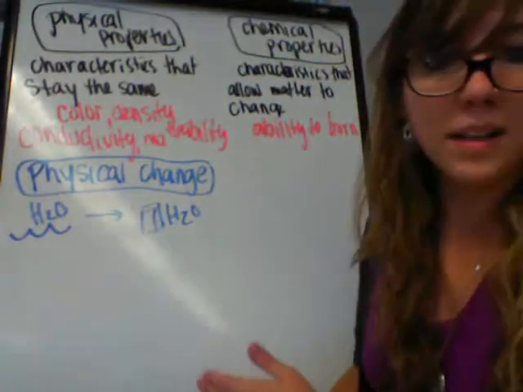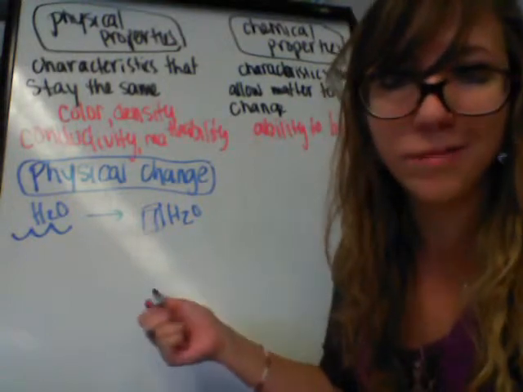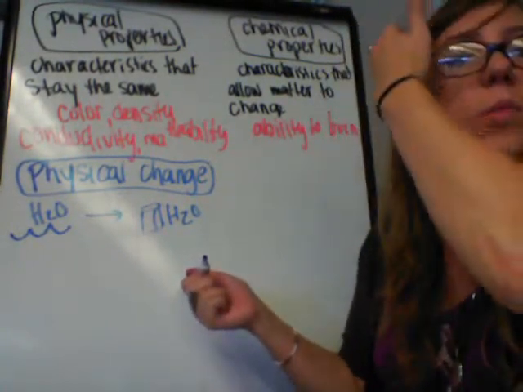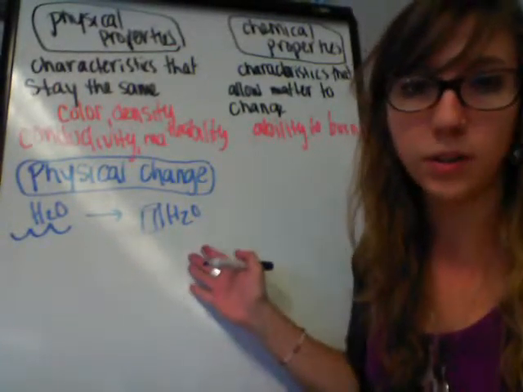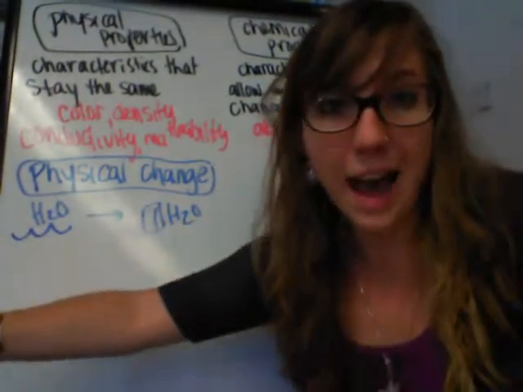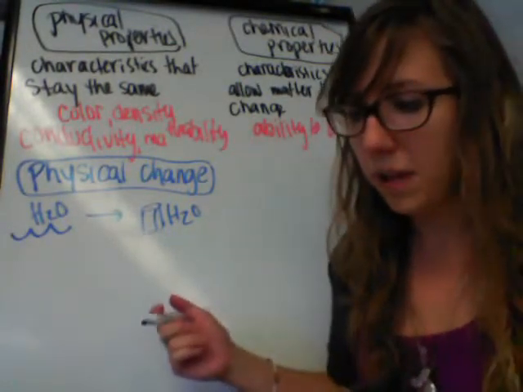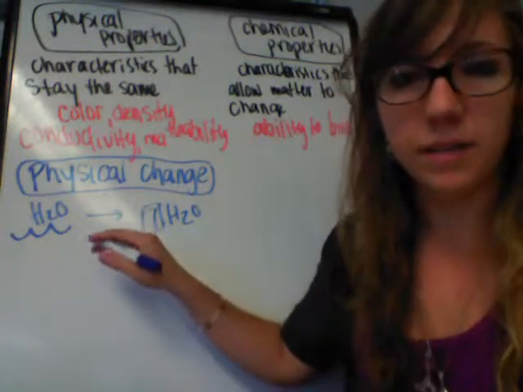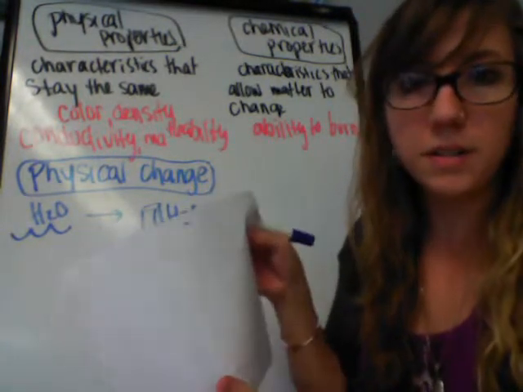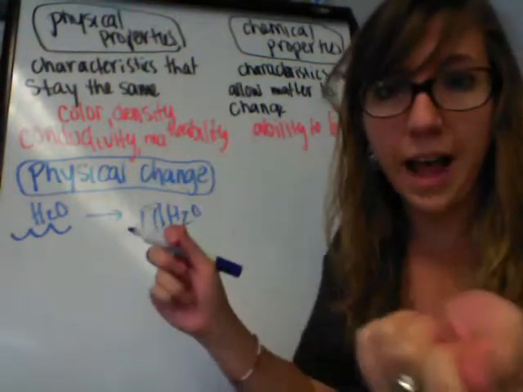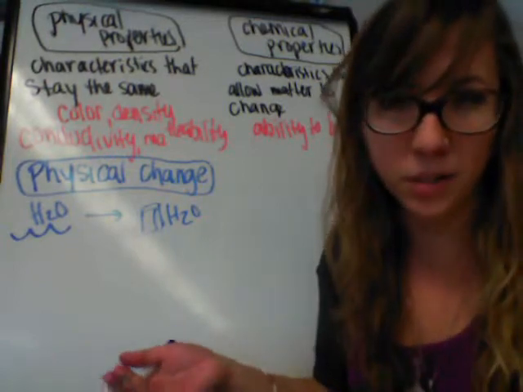We still have H2O, we still have water. The actual matter didn't change at all. What did change was the state of matter that it's in. It went from a liquid to a solid, or it could have gone from a liquid to a gas. It could have evaporated, and that would be a physical change. Another example of a physical change is if I took this piece of paper and ripped it in half. I changed the amount that I have, but I didn't change the composition of the paper.